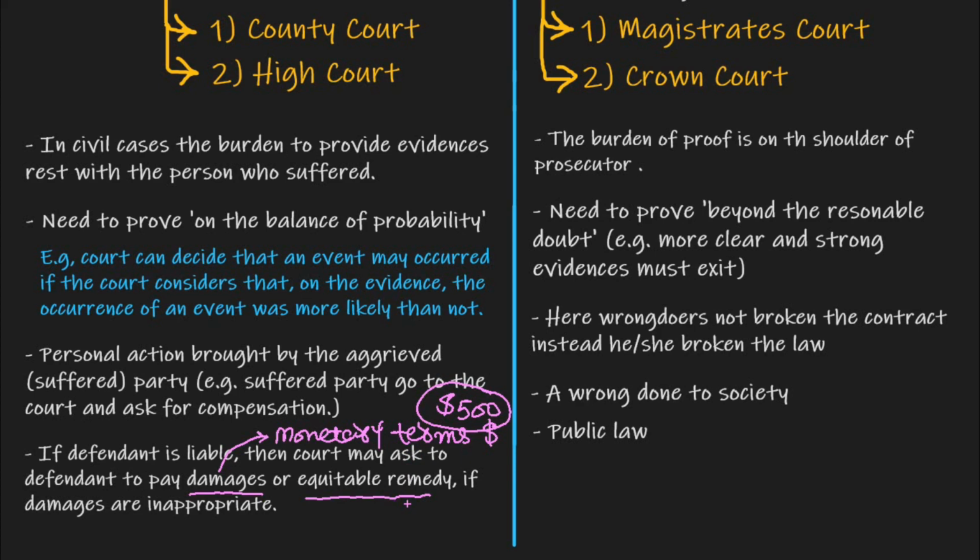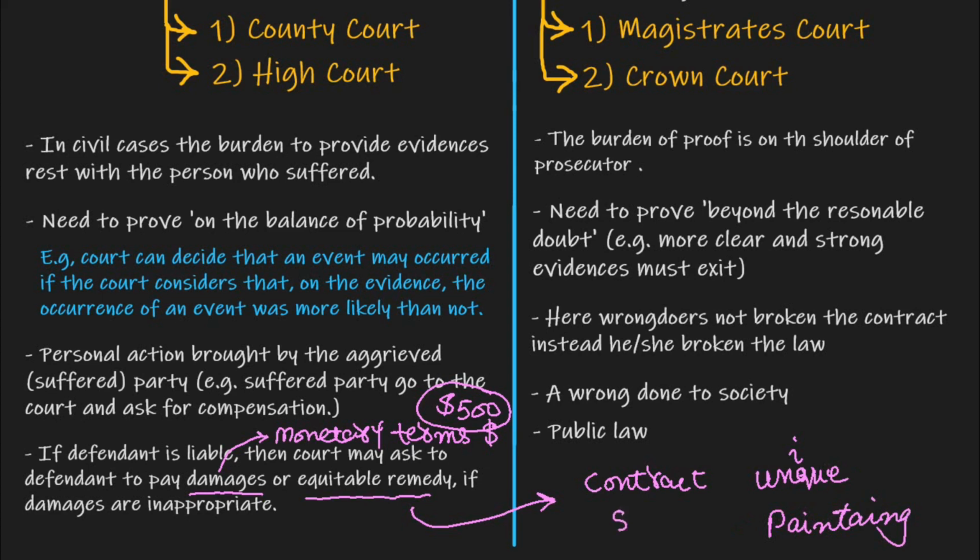The equitable remedy is more than the damages. For example, if you make a contract to purchase something unique, let's say a unique painting, and the seller promised the buyer that he will sell this painting for 100 USD.